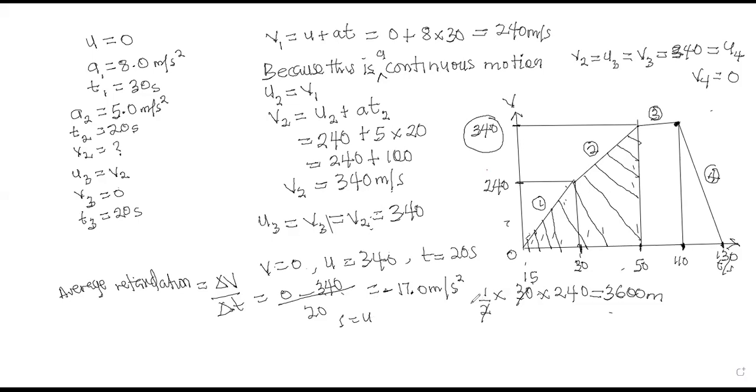So we are using the graph as required by the question. That's why we are doing this, and that's the same question Gideon asked. So the next area is the area of a trapezium: half times (a, which is 240, plus b, which is 340).